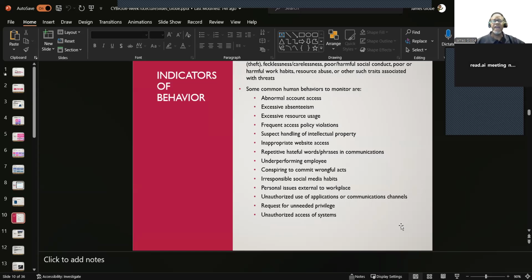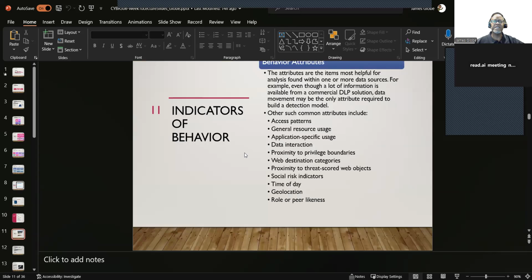They include abnormal account access, especially invalid password attempts or multi-factor attempts, excessive absenteeism, heavy resource usage, whether it's bandwidth or copying or transferring large files, suspicious handling of intellectual or sensitive data, personal issues external from the workplace, requests for unneeded privileges. All those are kind of indicators that alerts can be sent on.